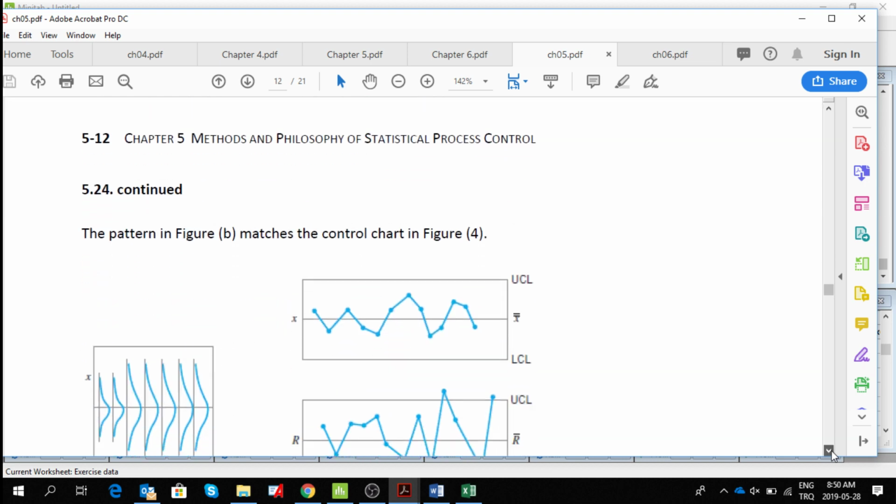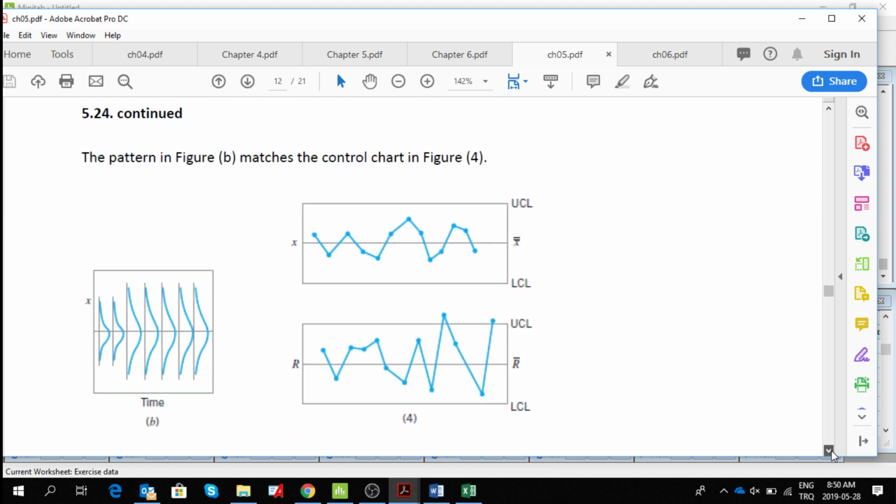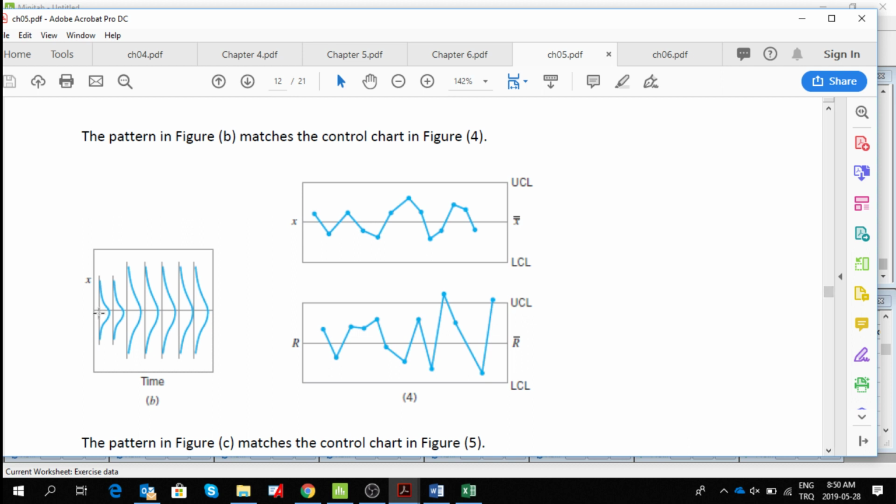And for the pattern in figure B, look at the mean. The mean is all the same throughout, but the variances are different. If the variance is, let's say, A here, the variance is twice that, and it goes the same all the way. So for this we look at the R chart, because the R chart is about the variance.